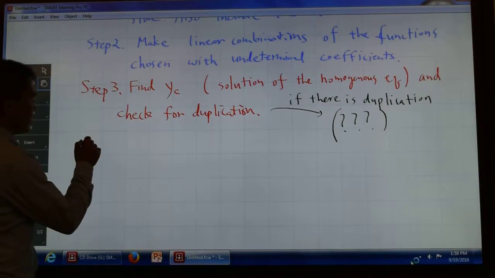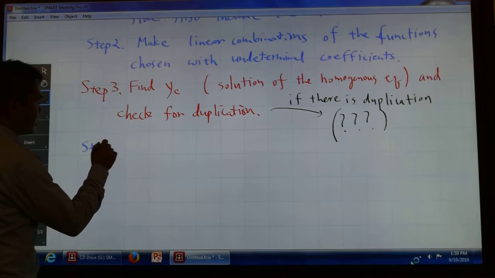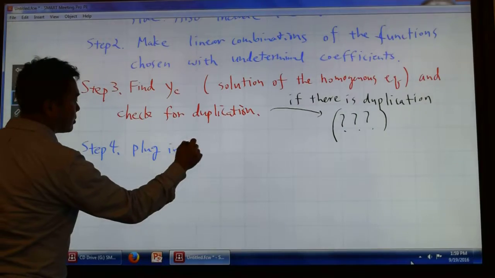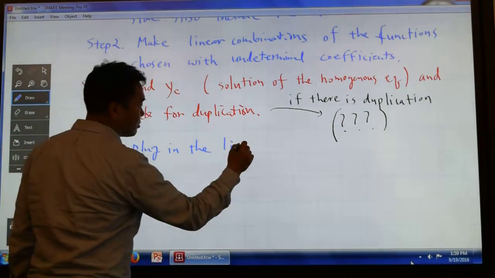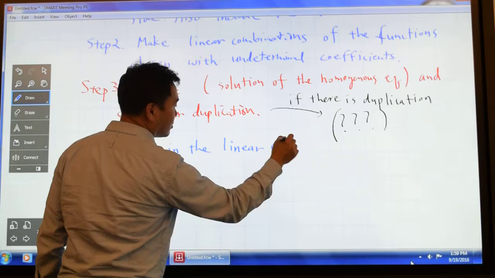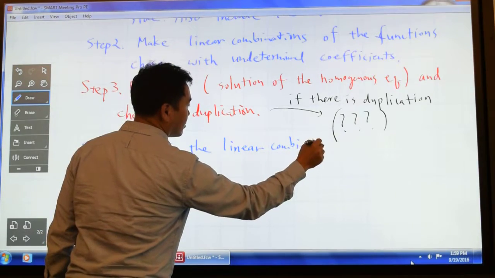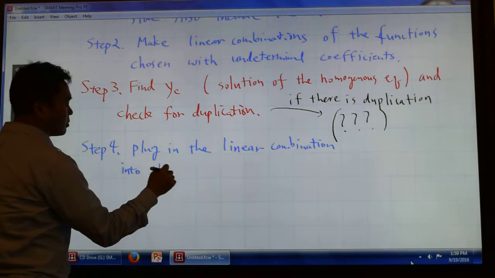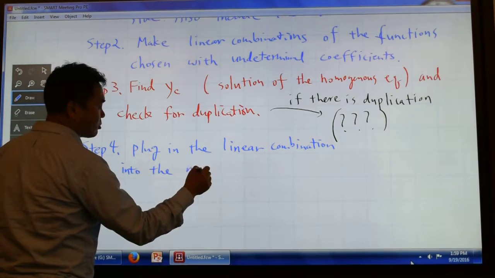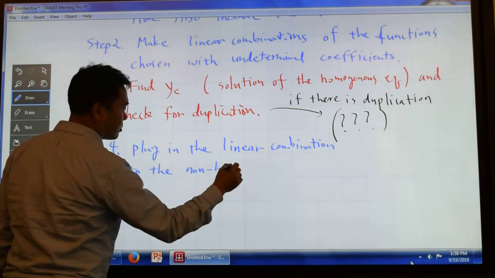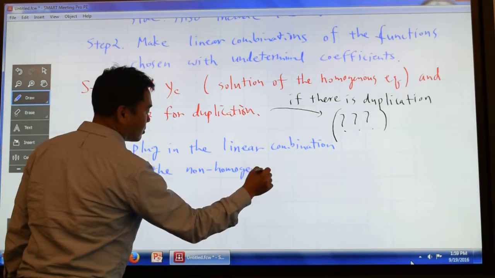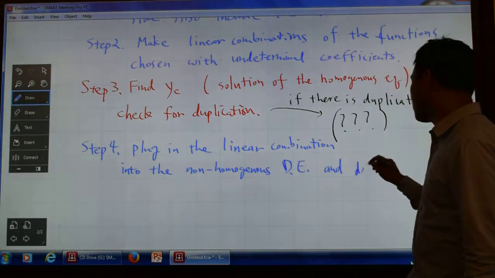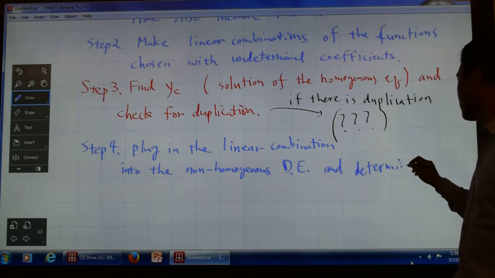And then, step 4, plug the linear combination into the non-homogeneous differential equation and determine the coefficients.